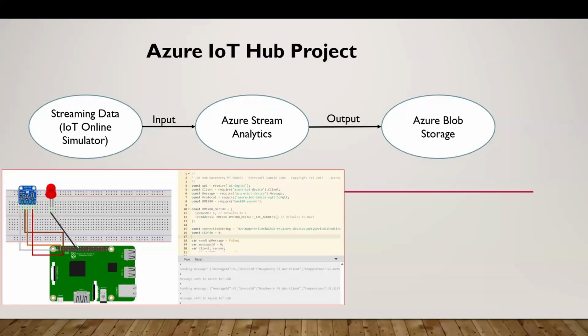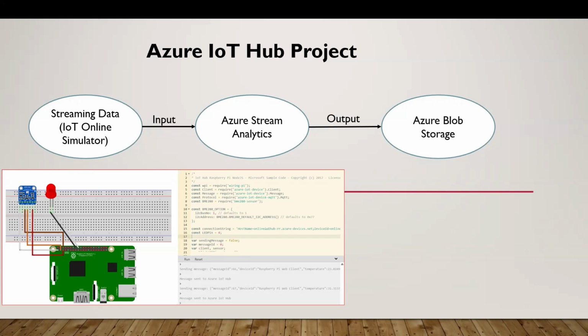You can see this little diagram also. This is basically the process of how we can implement that IoT project for Stream Analytics. You can see the first one. Here we are getting the data from an IoT online simulator. This is the streaming data or live data you can say. So we are getting the live data through our online simulator.